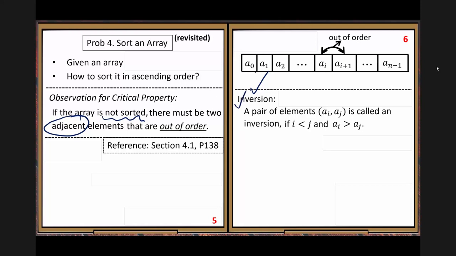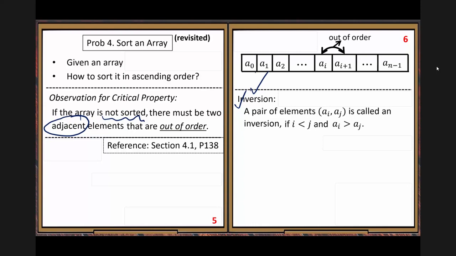These two elements form an inversion. Inversion concept. Okay? After we define this concept, then we can use the number of inversions to tell us if an array is sorted or not.